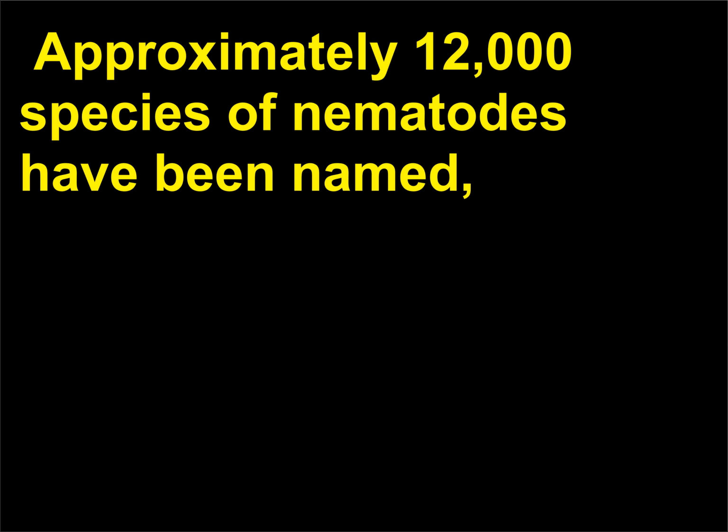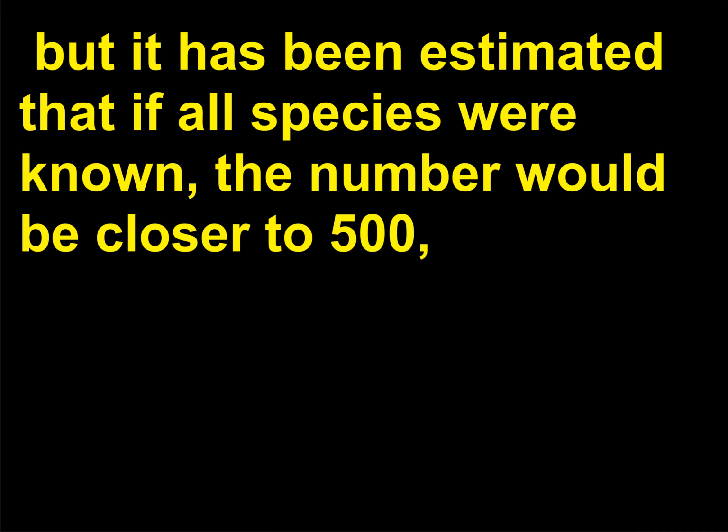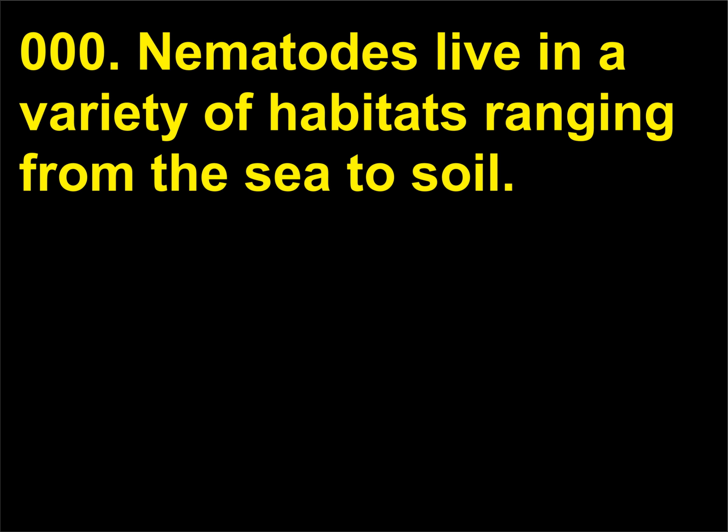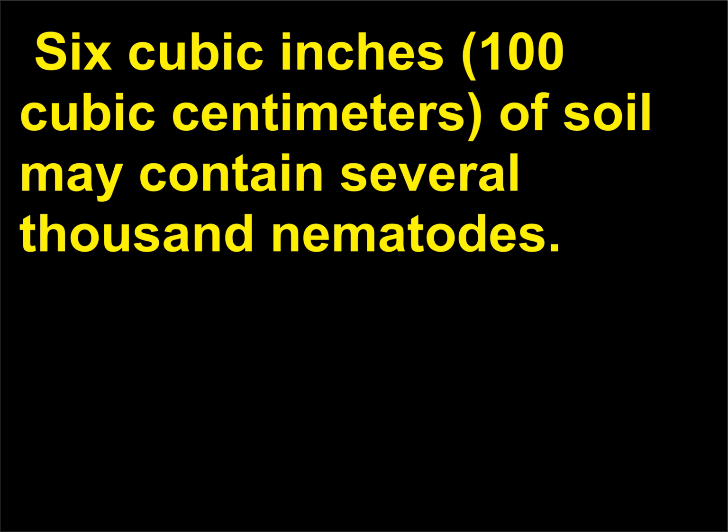Approximately 12,000 species of nematodes have been named. But it has been estimated that if all species were known, the number would be closer to 500,000. Nematodes live in a variety of habitats ranging from the sea to soil. 6 cubic inches, 100 cubic centimeters, of soil may contain several thousand nematodes.